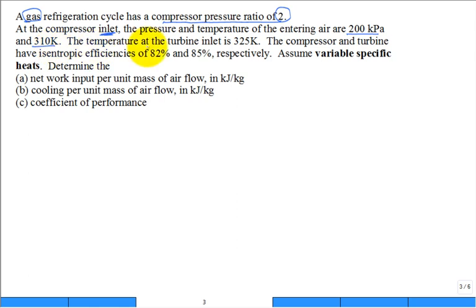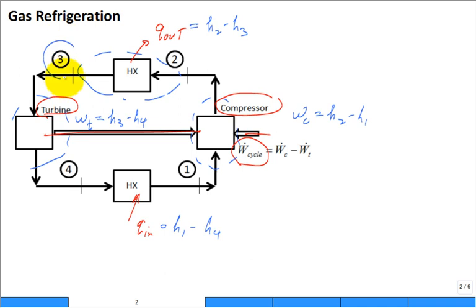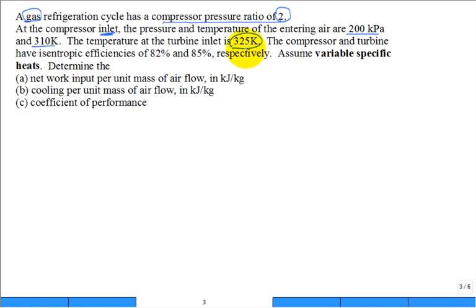The temperature at the turbine inlet, where is that again? Well, right here, this is the turbine inlet, so the temperature at state 3 is 325 Kelvin. The compressor and the turbine have some isentropic efficiencies, so a little extra work there analyzing the inefficiency of the compressor and the turbine. Assuming variable specific heats. What do they mean by that?